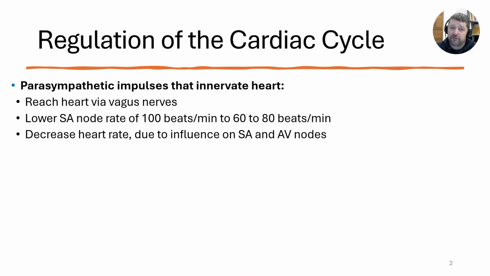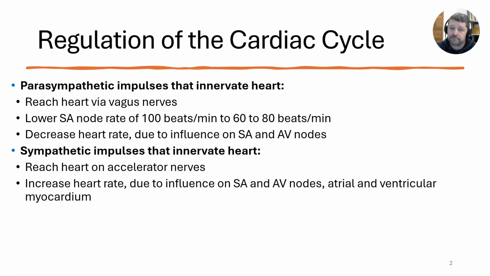Any deviation that lowers it is normally the result of the parasympathetic system. So it might lower it to 60 to 80 beats per minute. That will decrease the heart rate, and that's because it's influencing the SA node, which then influences the AV node, and really it also influences the AV node directly.